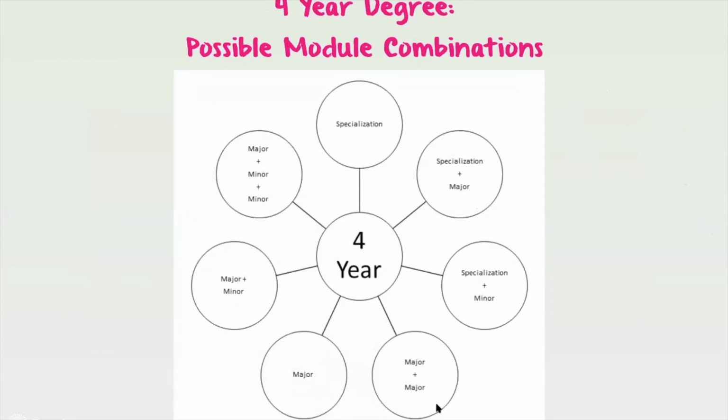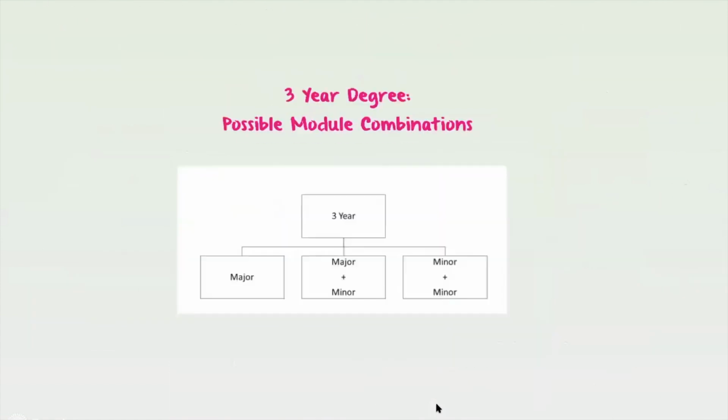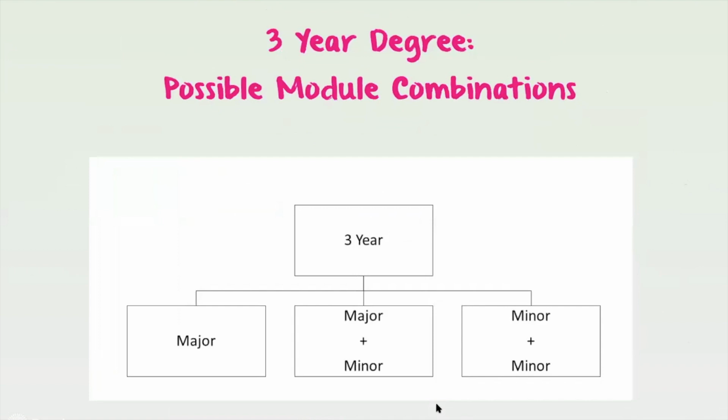So a few more options there. With the 3-year degree, you have the option to do a major in one subject, a major and a minor, or a double minor. So with the 3-year degree, it is a little bit more limited in what options you have, just because there's simply less time to complete those requirements.